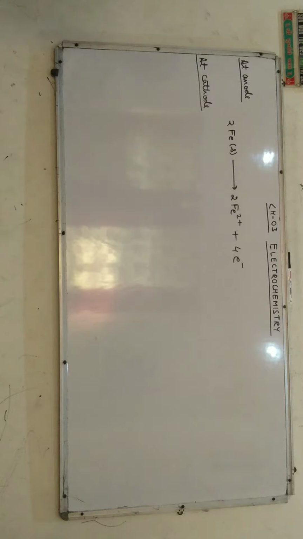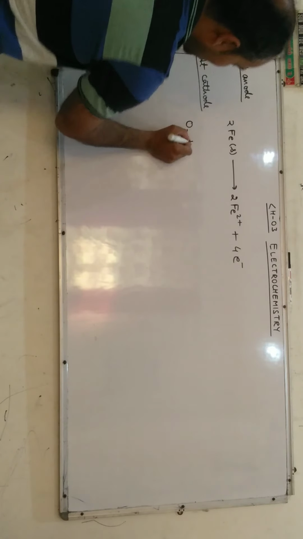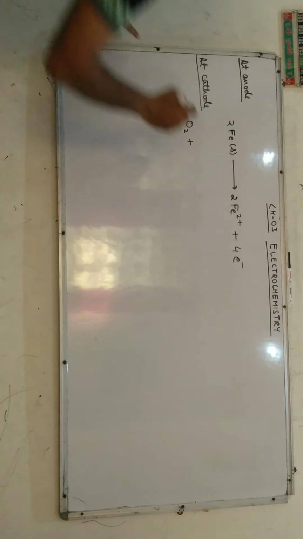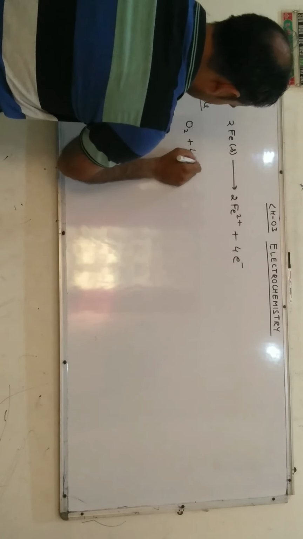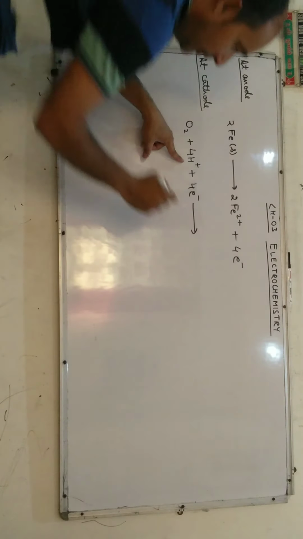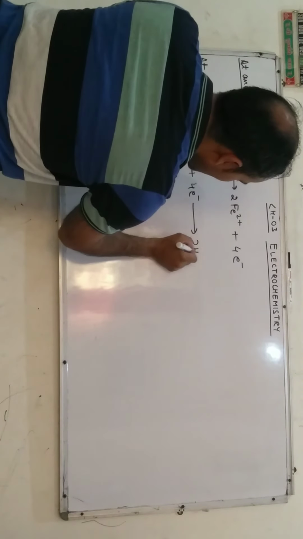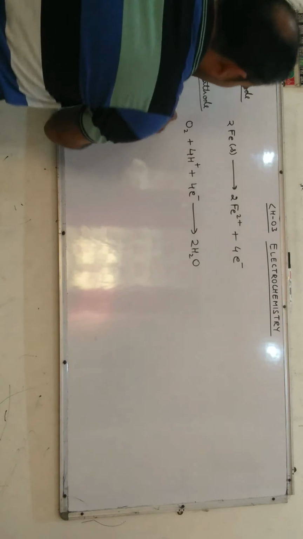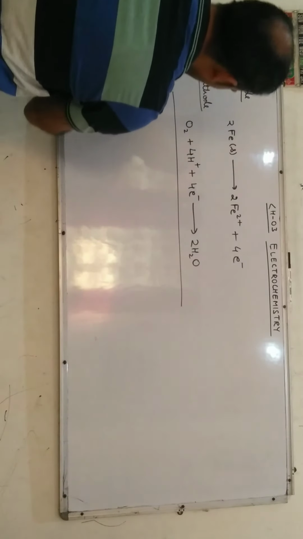At the cathode, oxygen gas combined with 4H positive along with electrons, we will obtain 2H2O. In the overall reaction, we add these two equations.